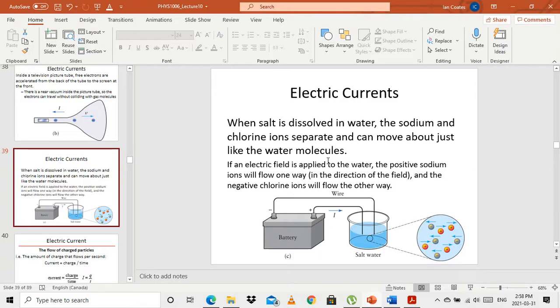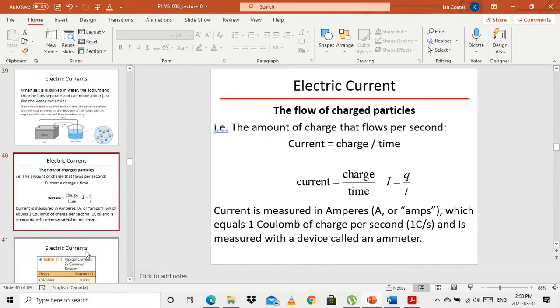But if you put salt, or any type of ionic salt, and dissolve it into the water, now you're putting positive and negative ions in between the water molecules. So now this will conduct electricity. If an electric field is applied to the water, the positive sodium ions will flow one way, and the negative chlorines will flow the other. Interesting, eh? Maybe not.